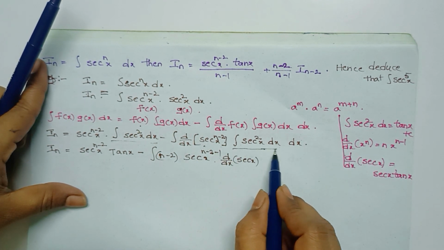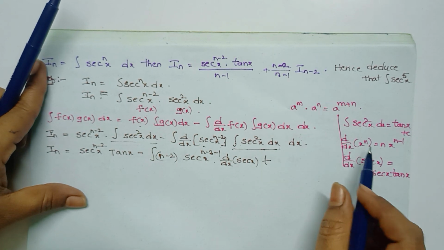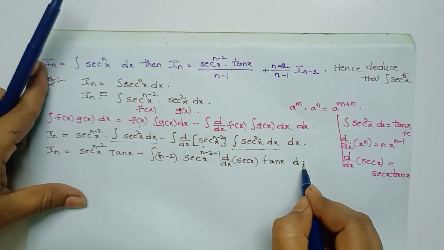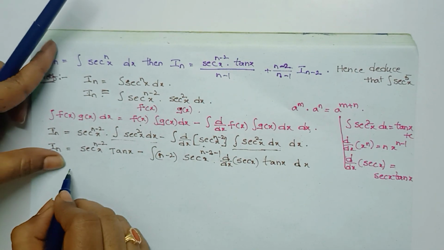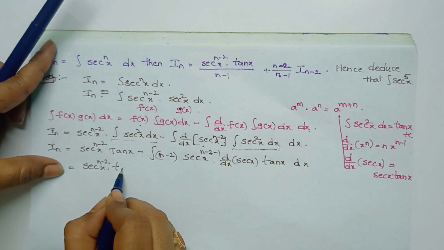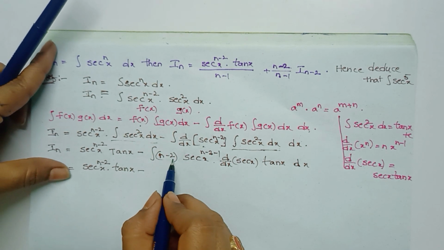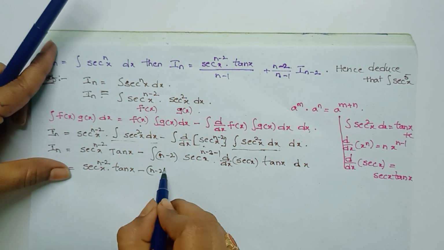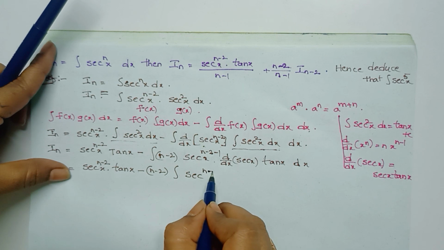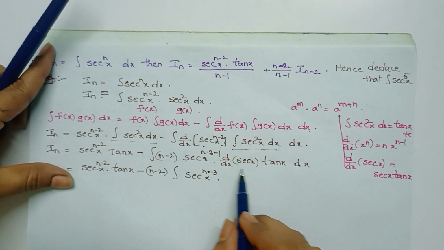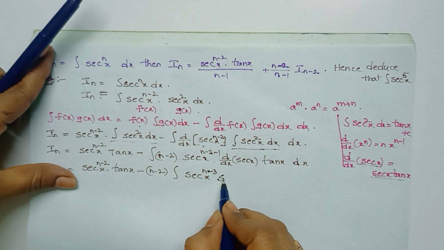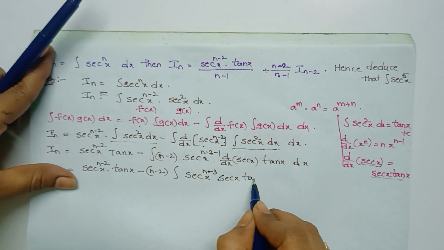Next come to this. The integral of secant square x dx, we already know, is tan x plus c. This is tan x, whole dx. That implies secant power n minus 2 x into tan x minus, this n minus 2 is a constant, so take it out. What remains is secant power n minus 2 minus 1, that is n minus 3 x, into d by dx of secant x, which is secant x into tan x.